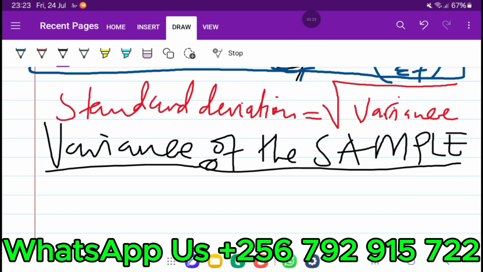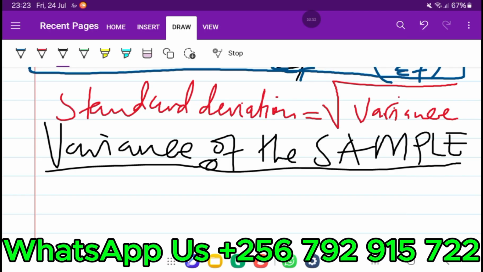So it is a very stable measure. When you are looking at the standard deviation, it is one of the best. It gives better measures of variability than the range or the quartile deviation.